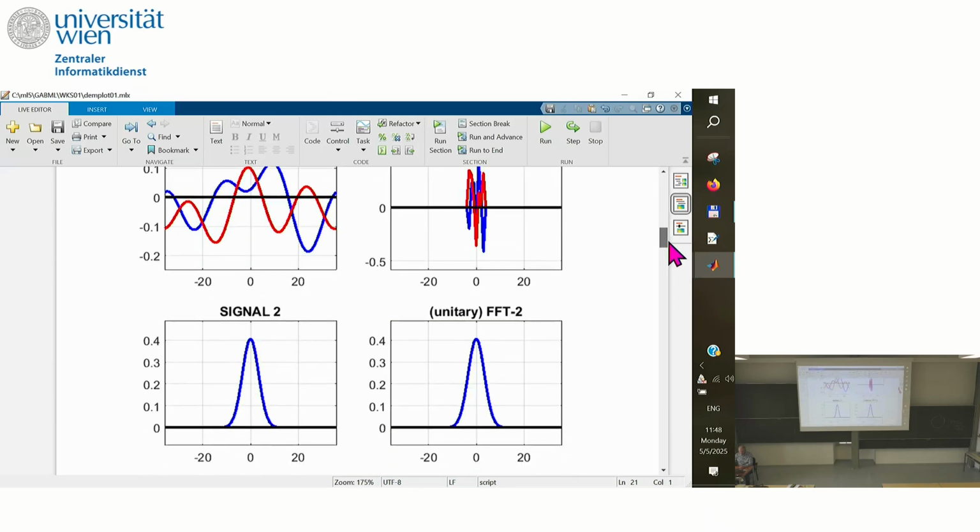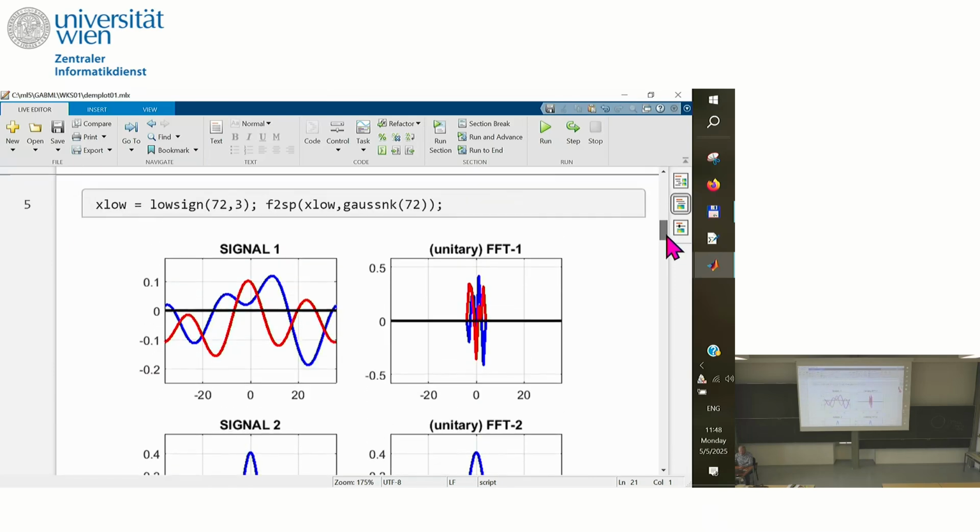Okay, the plotting routines, for example, are the kind of things that I'm using. A low signal is simply a low frequency signal, so it's a trigonometric polynomial. For simple display, I was choosing signal length 72, maximal frequency 7.